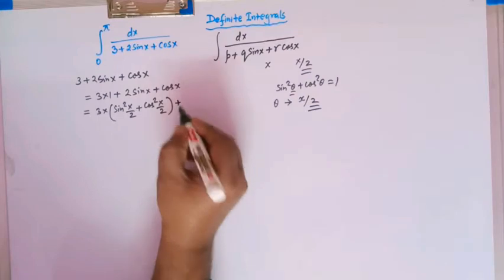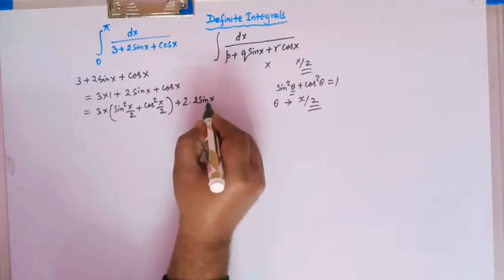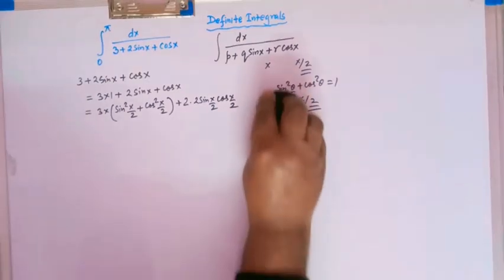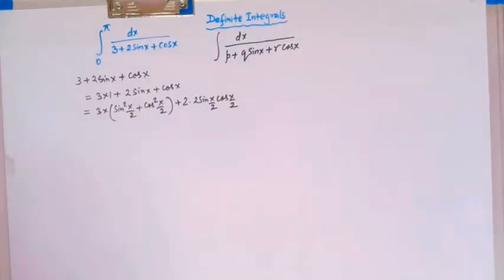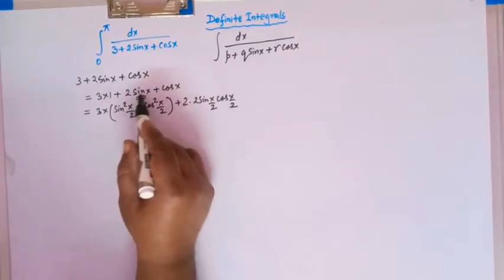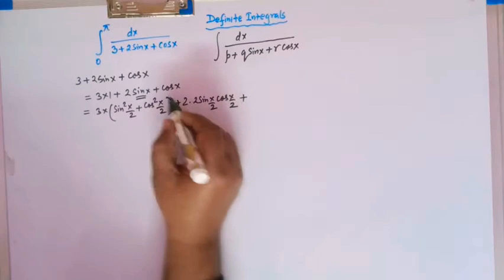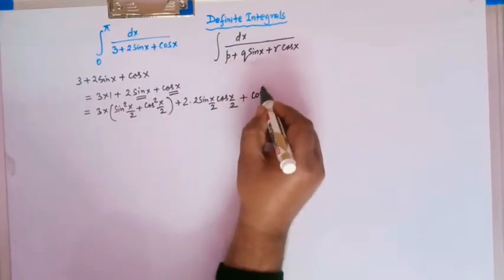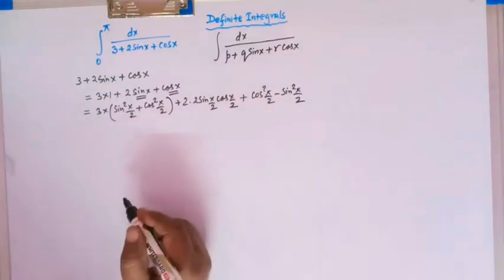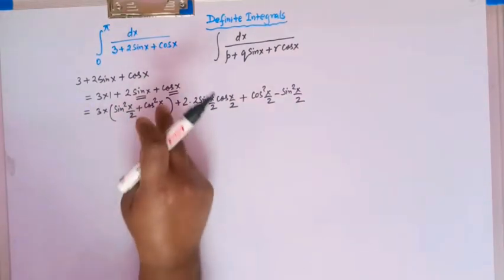Now for sin x we can write 2 times sin x over 2 cos x over 2. Here we have expressed sin x in terms of half angle, using sin x is equal to 2 sin x by 2 cos x by 2, and for cos x we can write cos square x over 2 minus sin square x over 2. These are the famous trigonometric identities, so we have used them here.